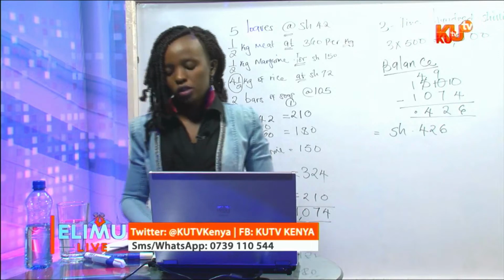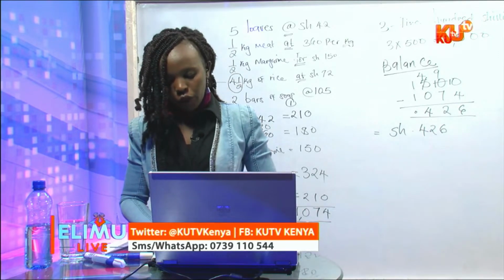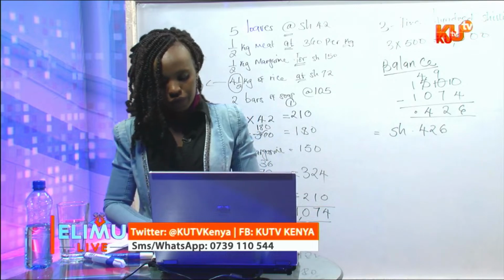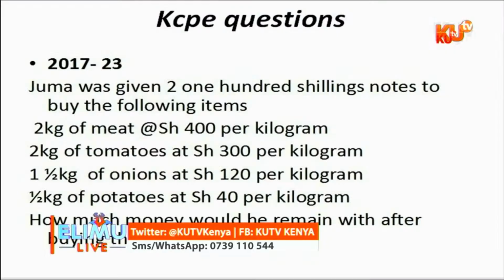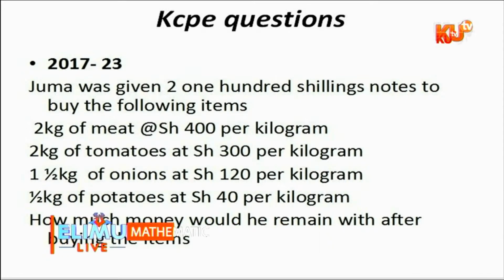Then another question is 2017, KCPE 2017, question number 23. The question reads, Juma was given 2 1,000 shillings notes to buy the following items: 2 kgs of meat at 400 shillings per kg, 2 kgs of tomatoes at 300 per kg, 1.5 kg of onions at 120 per kg, a half kg of potatoes at 40 shillings per kg.